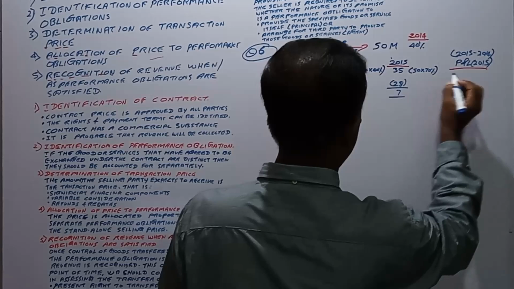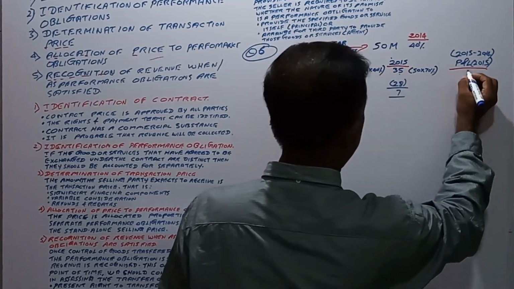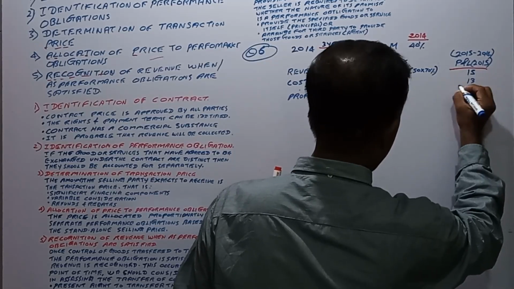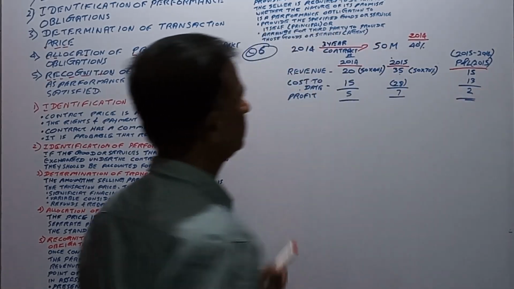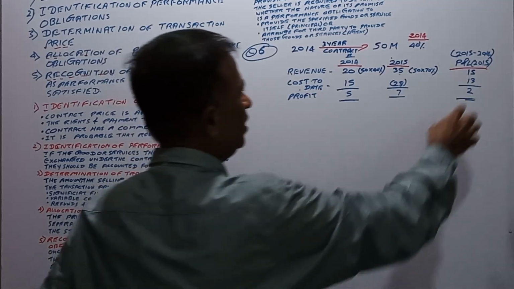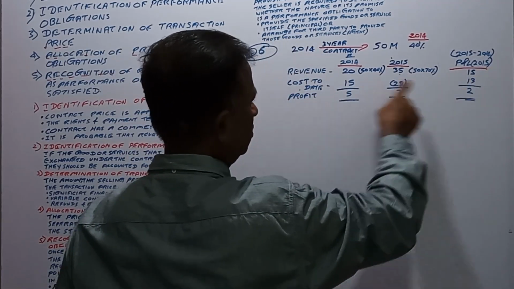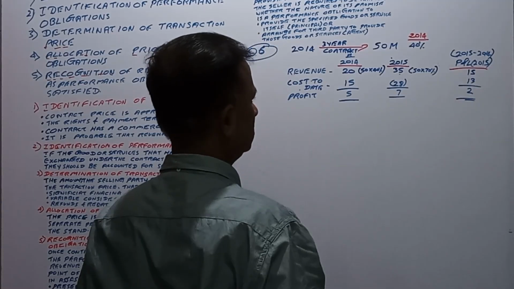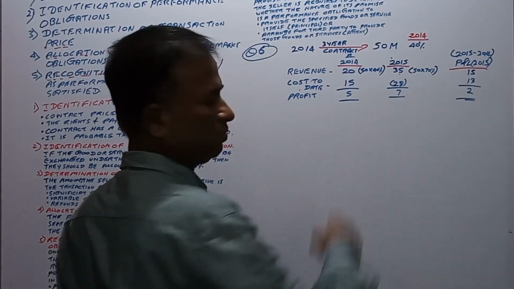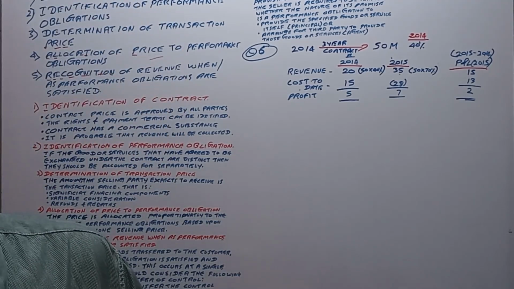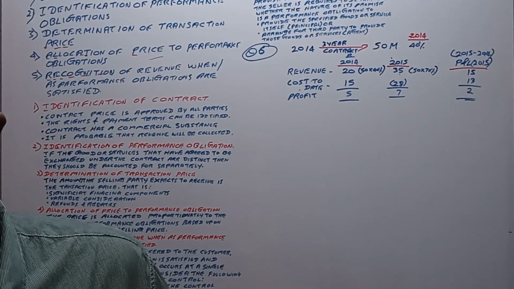That is 35 minus 20 is 15 revenue, 28 minus 15 is 13 cost, and profit is 2. This is the revenue we have to show in our accounts, and this is the cost we have to show in our accounts. Profit is 2. So that is completed.